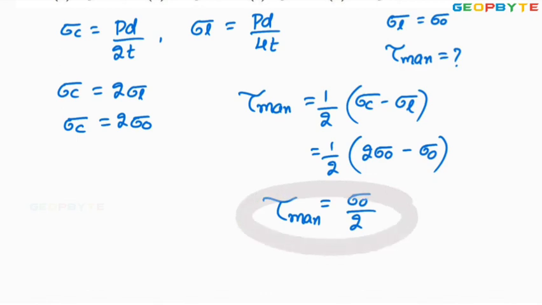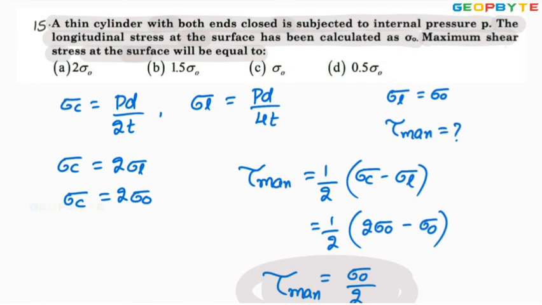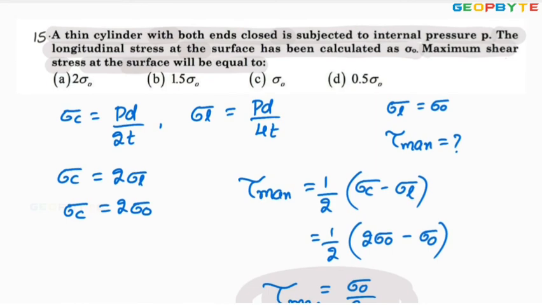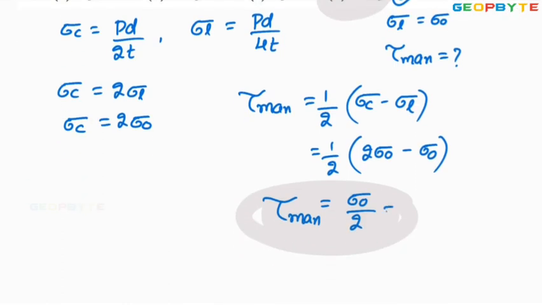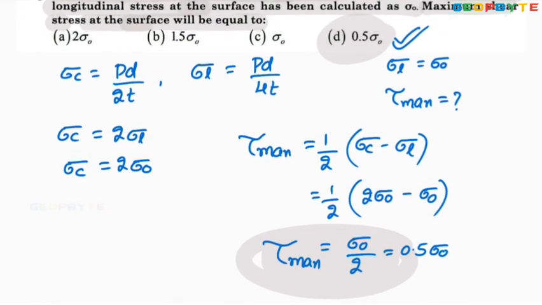The maximum shear stress developed is sigma naught by 2. Look at the options. Sigma naught by 2 means 0.5 sigma naught. You can opt for D. Option D is absolutely correct. That is the answer. Let us take one more problem.